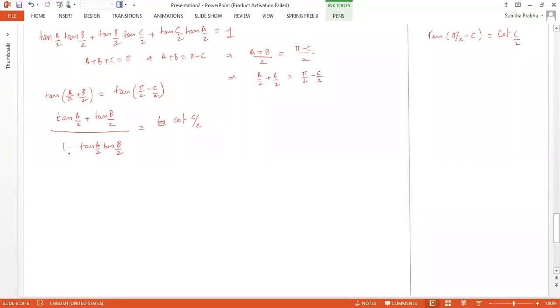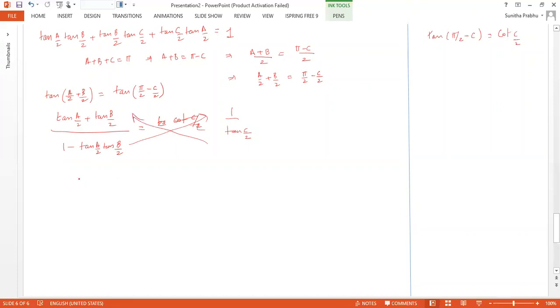Here I have tan A by 2 plus tan B by 2, but I want a product on each side. So what do I do now? I will write this cot C by 2 as 1 by tan C by 2. Then this will go on top and I get a product everywhere. After writing this, I will cross multiply.